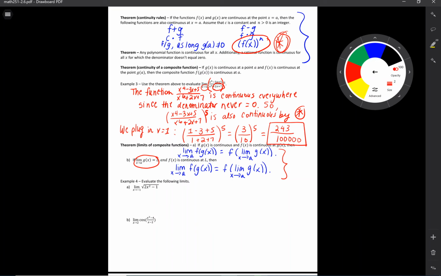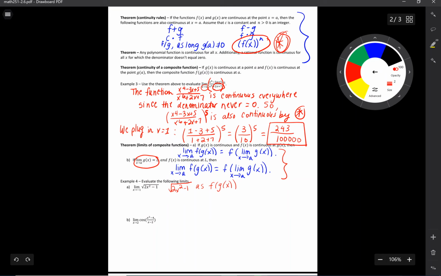But we do have the above theorem, and I can write the square root of 2x squared minus 1 as a composite function. So I'm going to rewrite it as f of g of x.